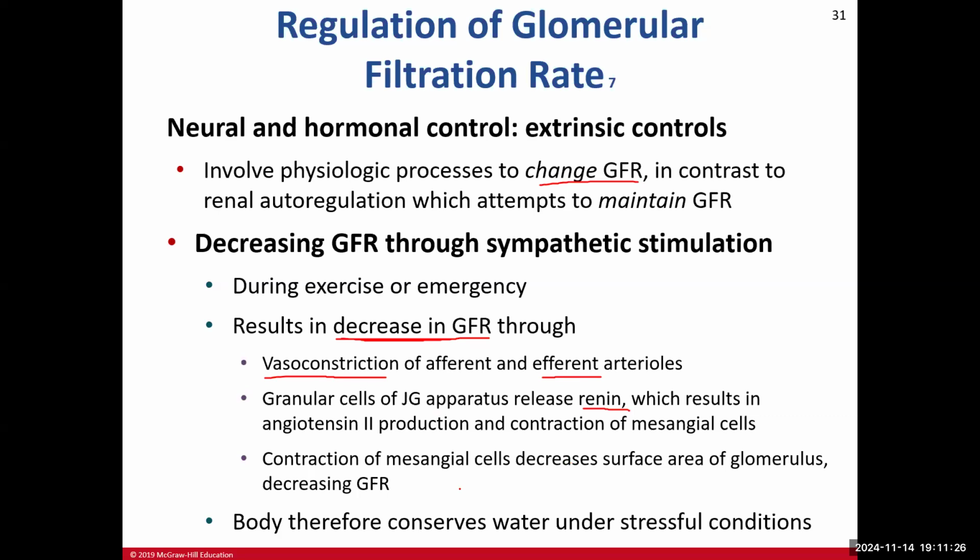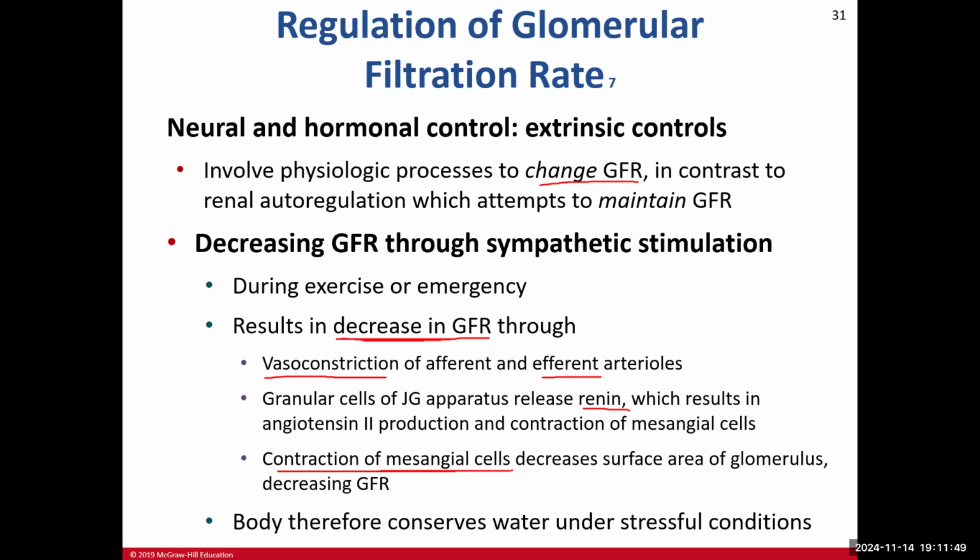So what does that do? Remember I told you we're going to revisit these cells? The mesangial cells come into play, and they are going to contract, and they're going to decrease the ability of the filtration membrane to filter stuff out. By doing that, less stuff is leaving your blood and staying in the blood.